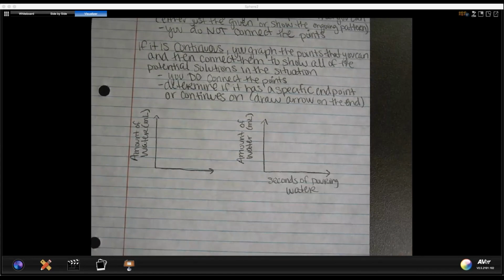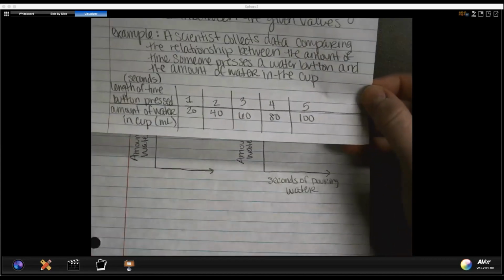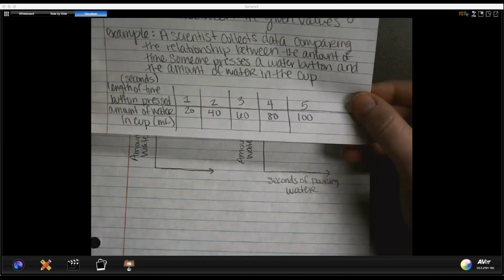Now, if I am pouring water, and let's say it's a really big jar or something, would that data be continuous or discrete? Let's think about it. Since we're stemming off the example that we did here, where they're pouring water into a cup, was this continuous or discrete?